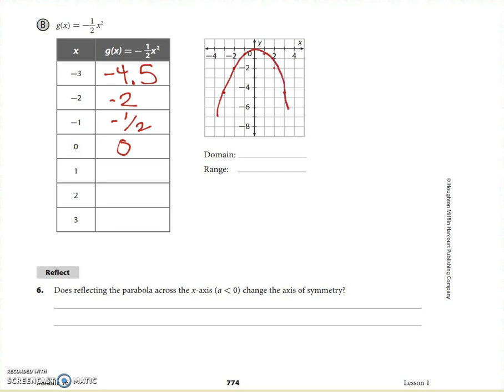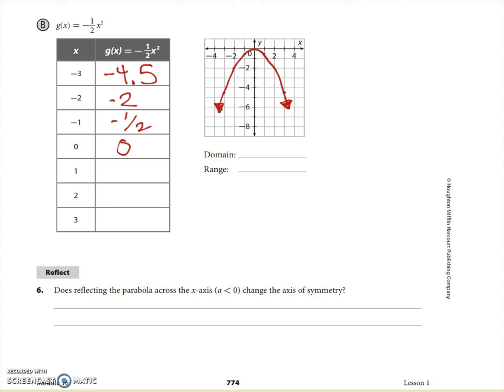This curve will be wider than the parent function's parabola because the absolute value of a is a number between 0 and 1.